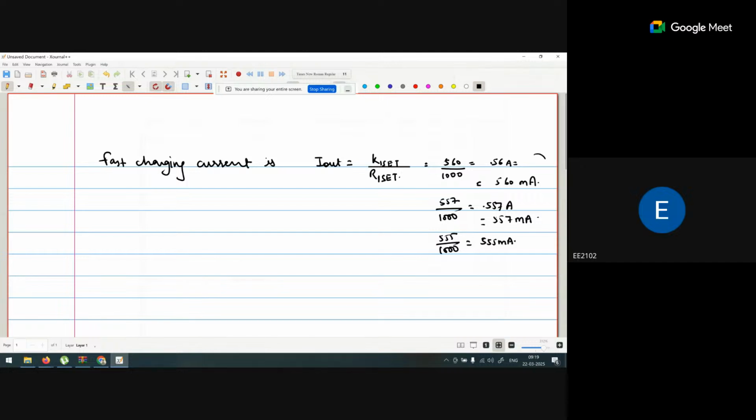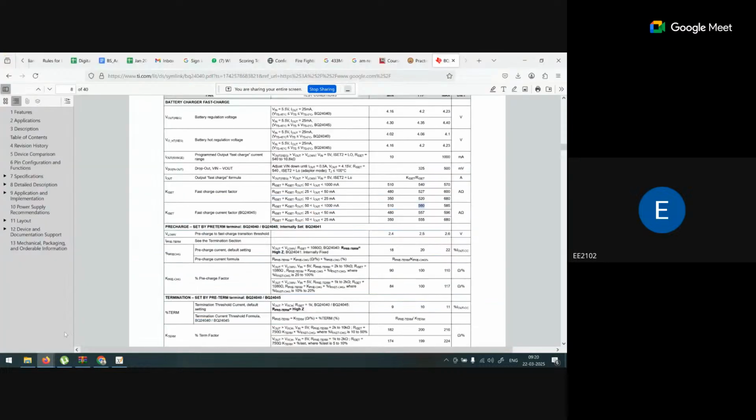In every case, you can see the value of I out is greater than 50 milliampere. Because in the data sheet, the I out value lies in three bands: 10 to 25, 25 to 50, and then 50 to 1000.